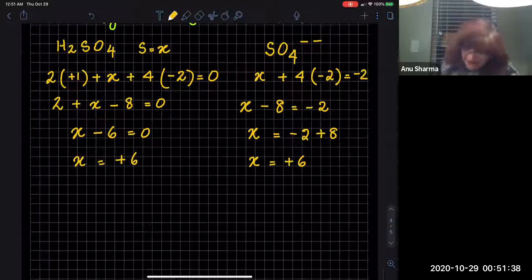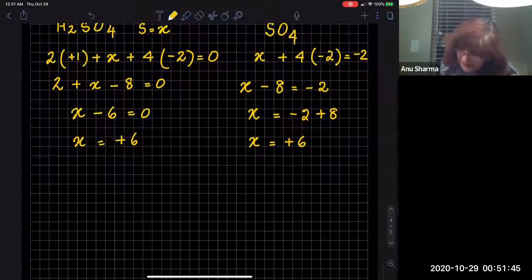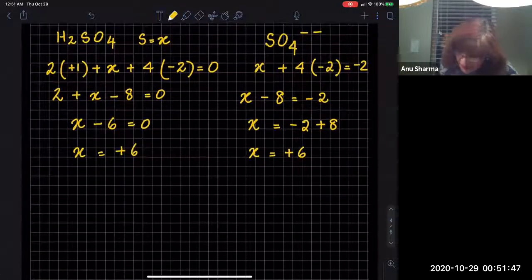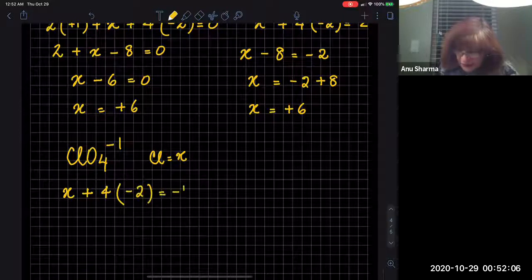Okay. Next, let's look at another example of ClO4 1 negative. So this is perchlorate. So in this case, for chlorine, let the oxidation number be X. So X plus 4 multiplied by minus 2 is equal to minus 1.